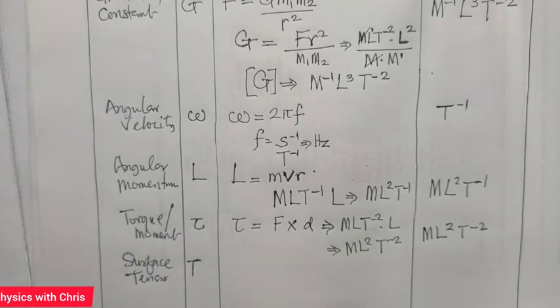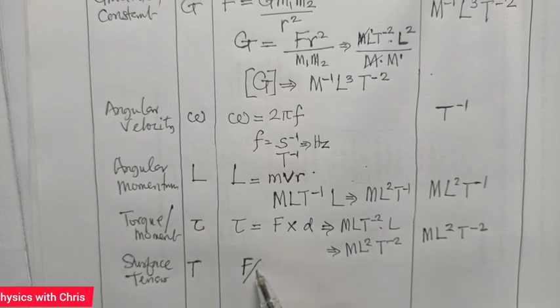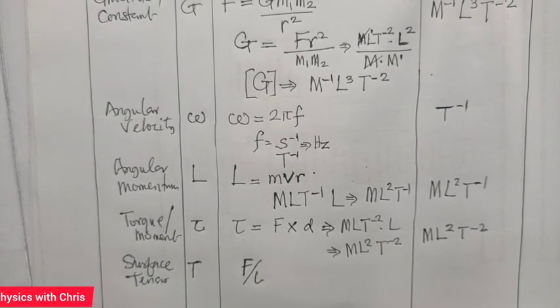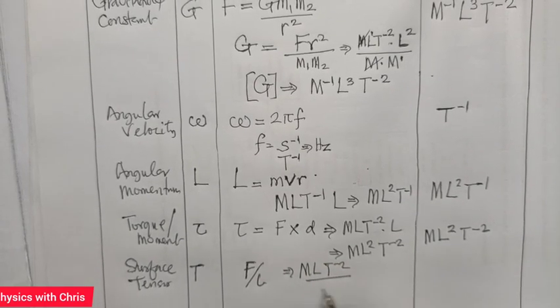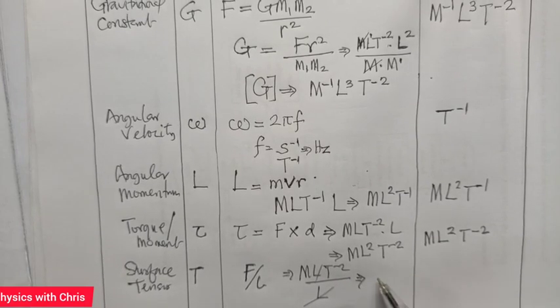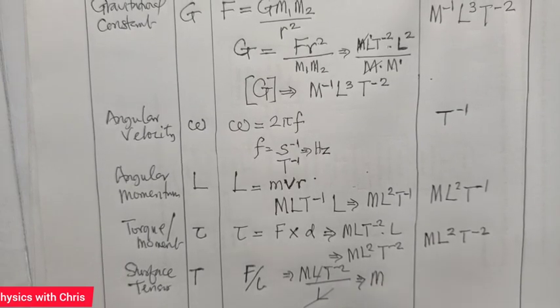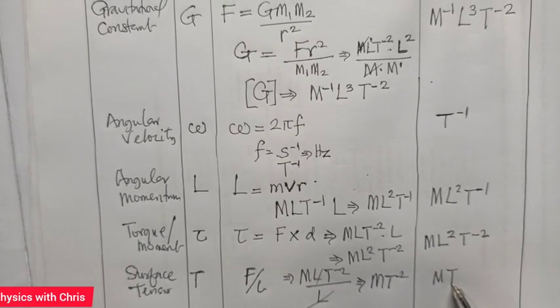Surface tension is force per unit length. The dimension of force is MLT^-2 divided by L, so the L's cancel, giving the dimension of surface tension as MT^-2. So we can write it here: MT^-2.